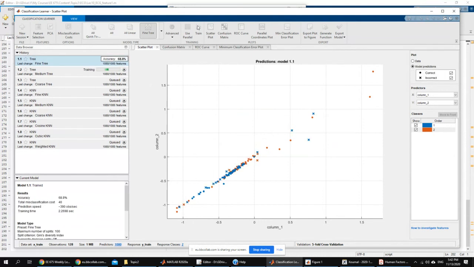The accuracy is here, 68%, 67%, 50%. So the best result is 68.8%.